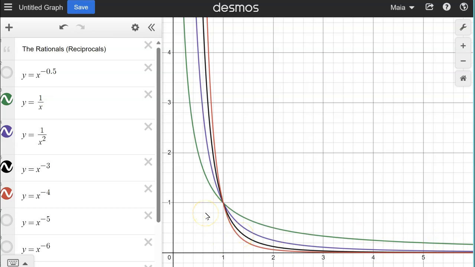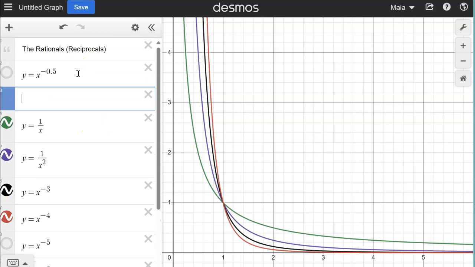This is called asymptotic behavior, and this is the first group of functions that we looked at that has that asymptotic behavior going on. So asymptotic behavior means the graph has an asymptote. And this one has an asymptote at x equals 0, the y-axis, and another one at y equals 0, the x-axis.